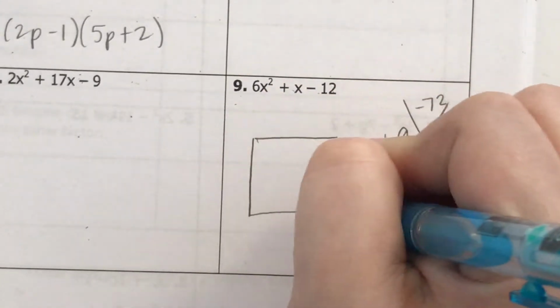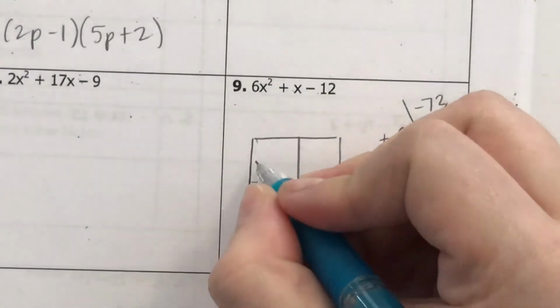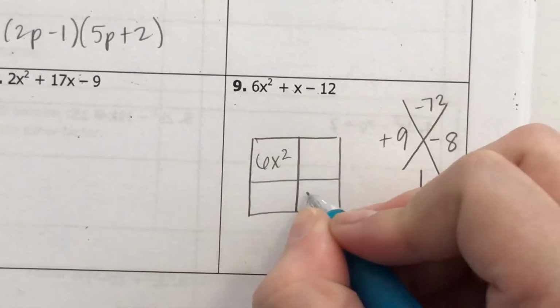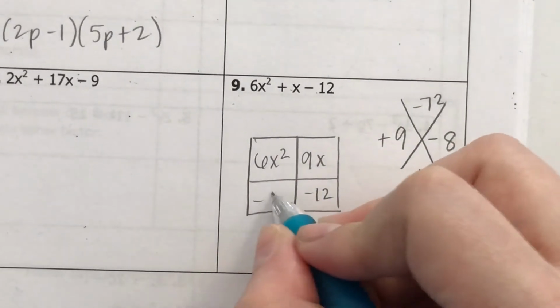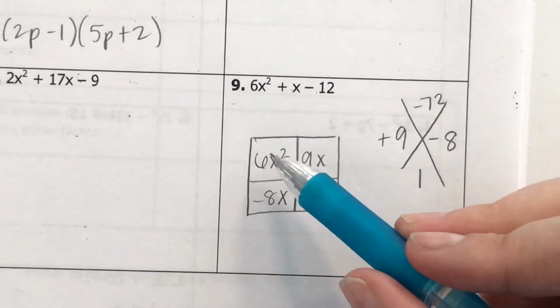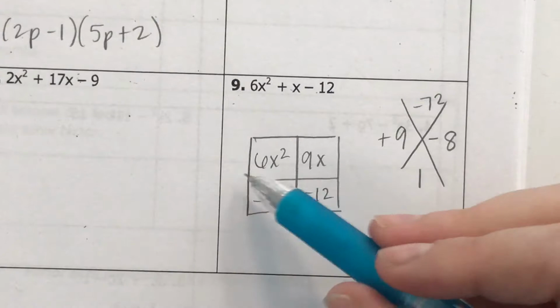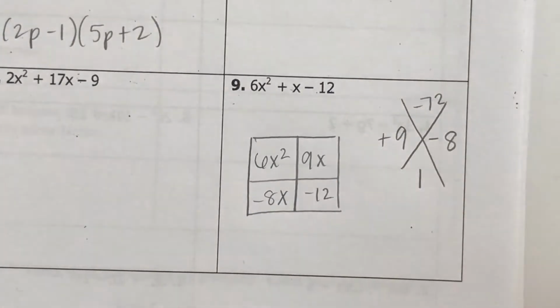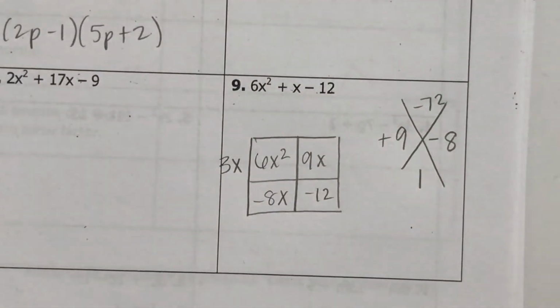If you thought of that already, I just wanted to list all the numbers anyway. Okay, so we have 6x squared, -8x, 9x, and -12. Okay, let's do these two. What do these two have in common? What can I take out of both? What can I divide out of both? 3x. Okay.